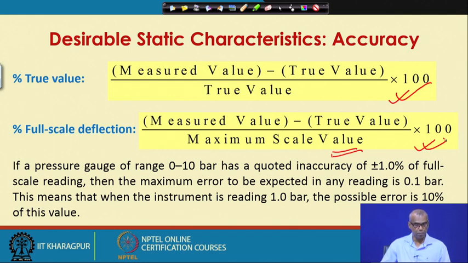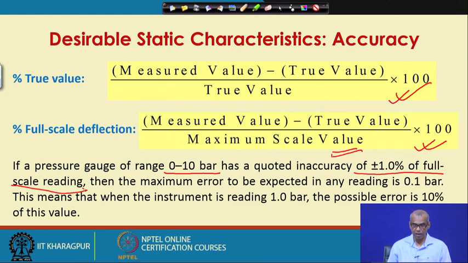Let us say a pressure gauge of range 0 to 10 bar has a quoted inaccuracy of plus minus 1% of full scale reading. So, I can measure up to 10 bar of pressure. The manufacturer has quoted an inaccuracy of plus minus 1% of full scale reading.